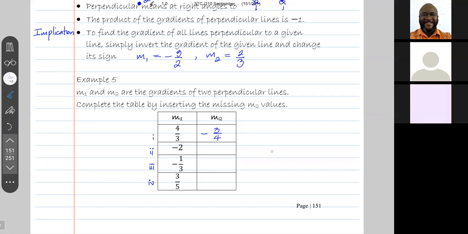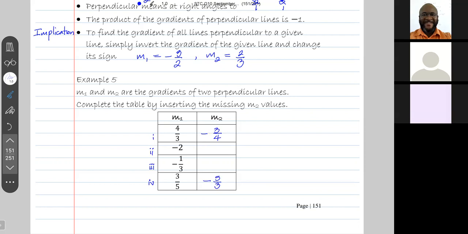Janelle, if the gradient of a line is 3/5, what would be the gradient of a line that is perpendicular to that line? Very good. -5/3.